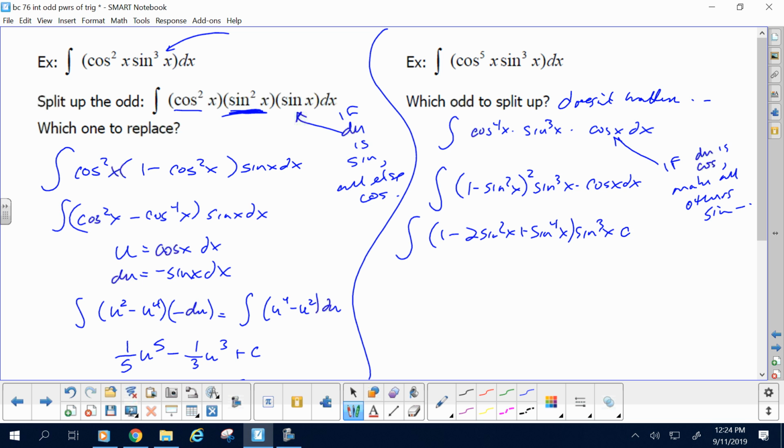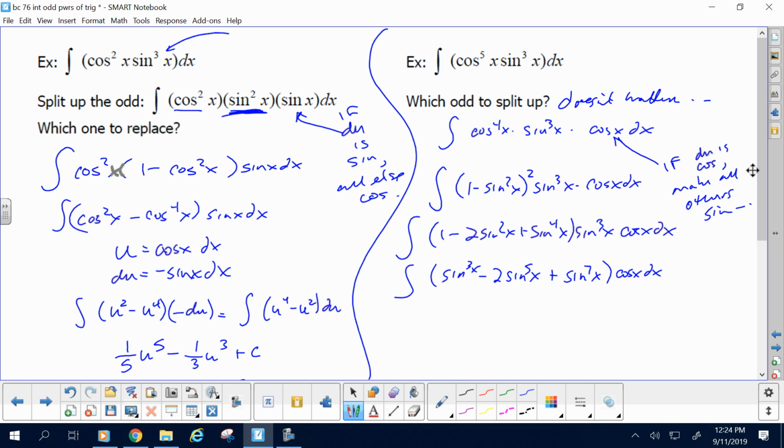All right. So with the expansion, you got sine cubed minus 2 sine to the 5th plus sine to the 7th. Do you concur with the cosine dx outside? Unless I made a mistake, which is entirely possible.